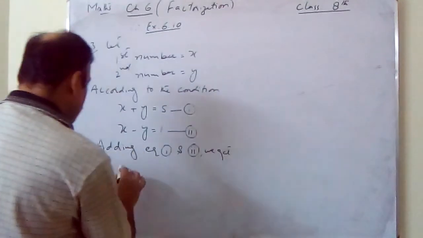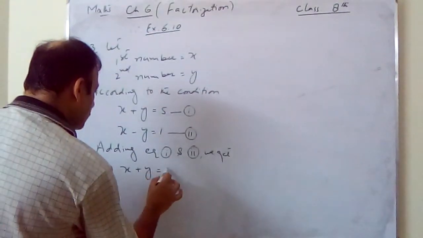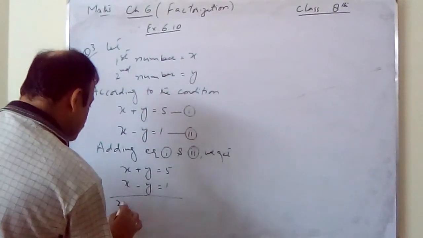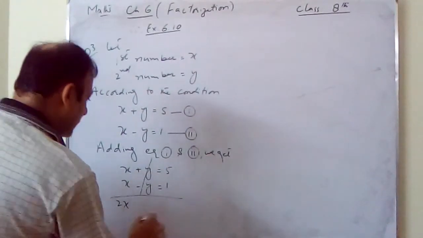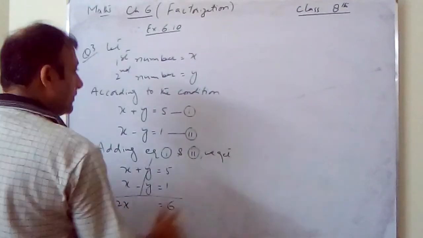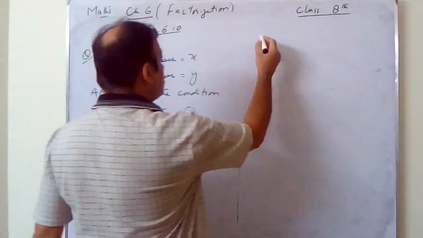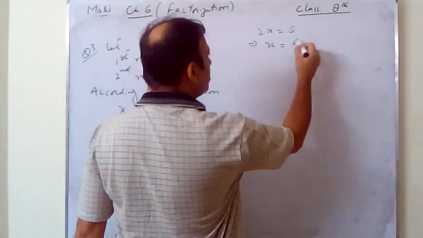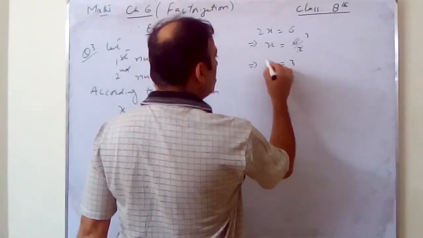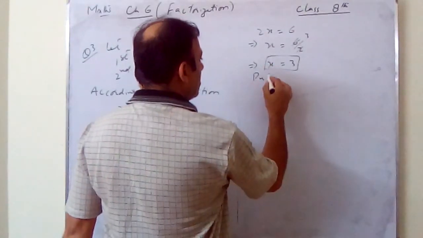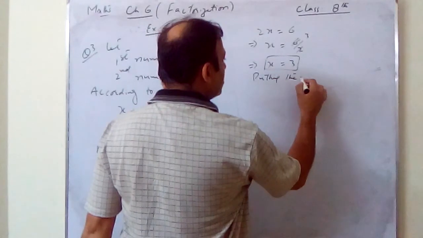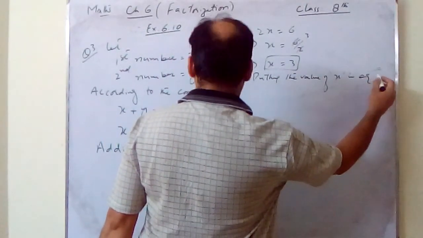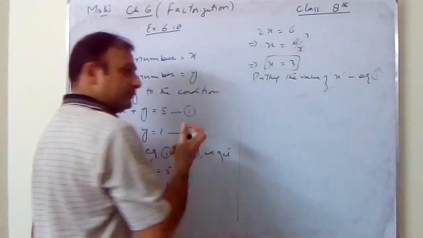We get x plus y is equal to 5 and x minus y is equal to 1. 2x, y minus y cancelled, 6. So 2x is equal to 6, it means x is equal to 6 by 2, x is equal to 3. Put the value of x in equation number 1 or 2.